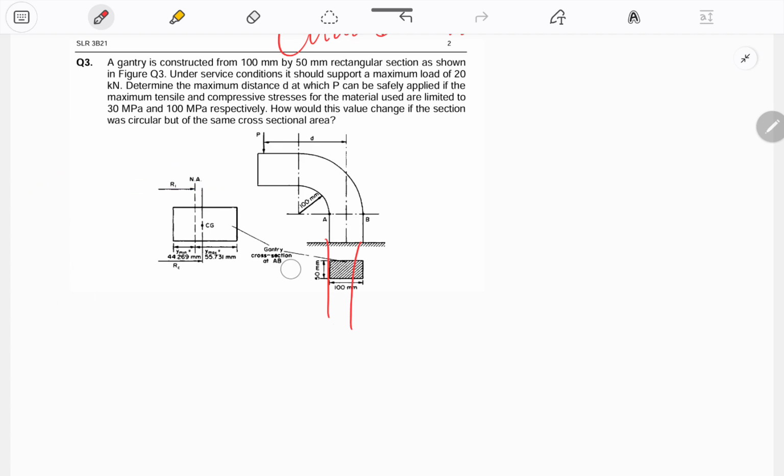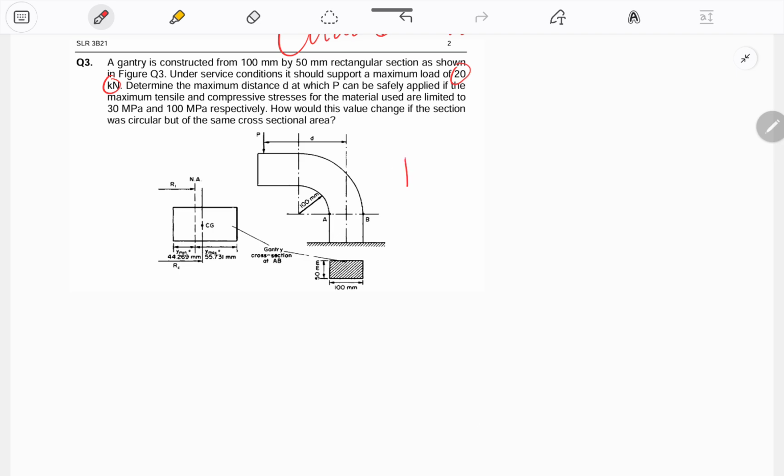So okay, let's read. A gantry is constructed with the dimensions seen in the figure, and it can support a maximum load P of 20 kilonewtons.